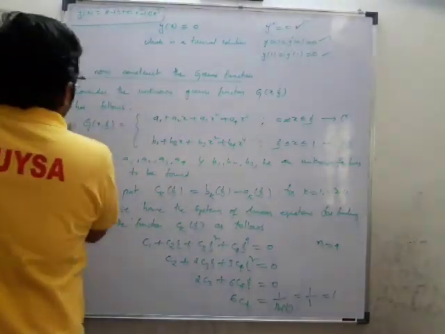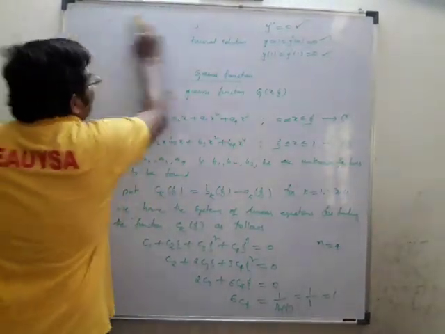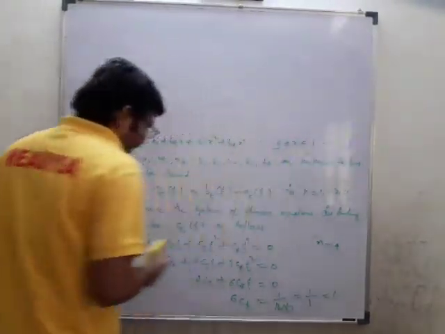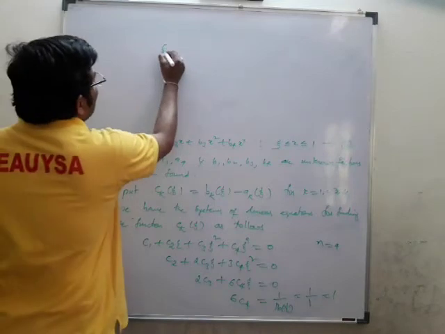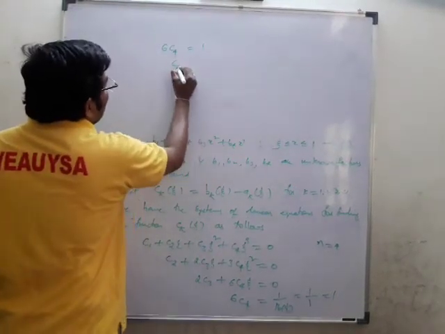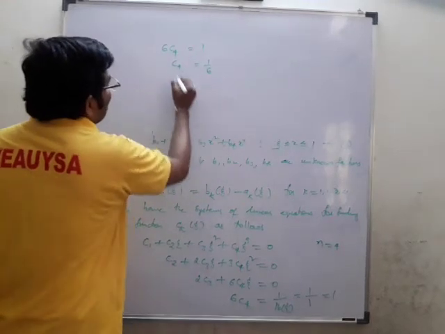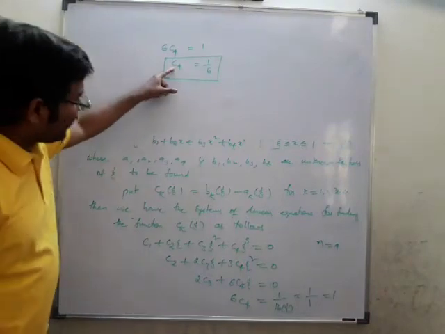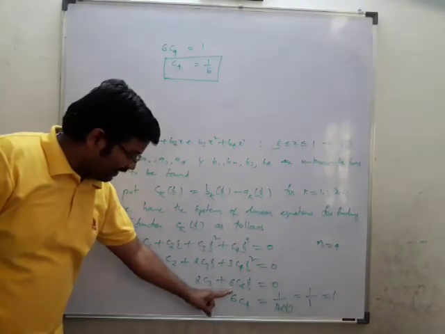When 6c4 is equal to 1, I can make use of that. I'll write it like this. So what I got is 6c4 is equal to 1, so c4 is equal to 1 by 6. Now when I have c4 equal to 1 by 6, I can substitute in this equation.